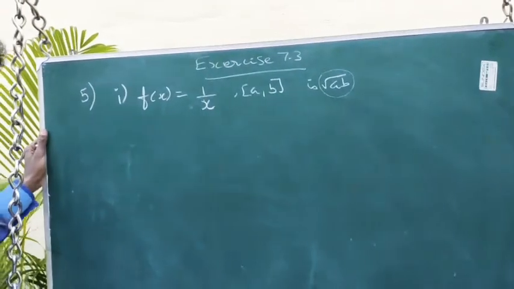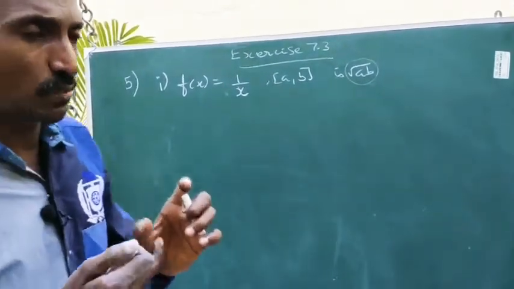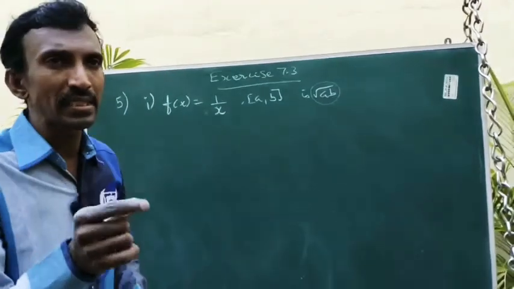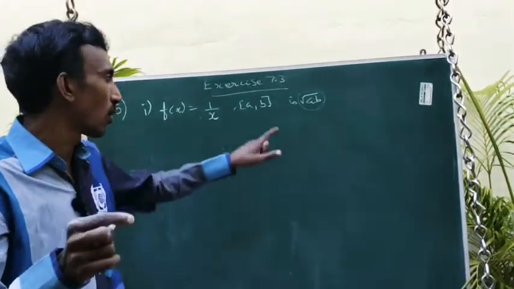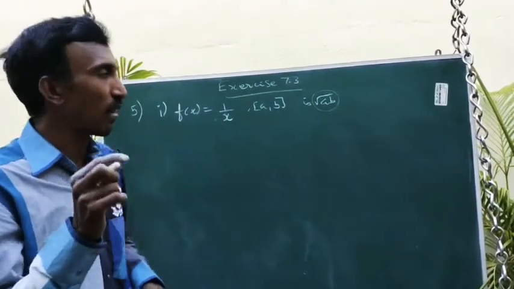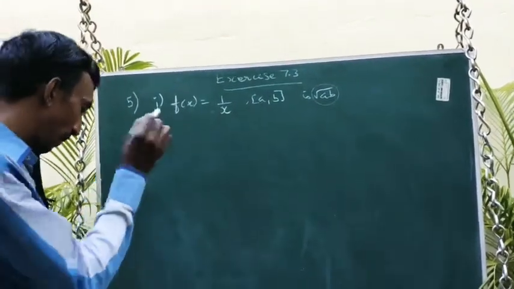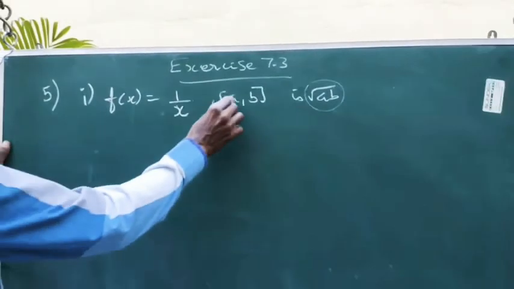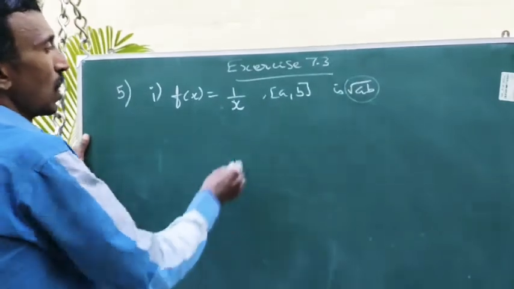Okay. So what is the mean value theorem? It must be continuous on the closed interval, differentiable on the open interval. Then there exists at least one c belongs to the open interval, satisfying the condition first derivative equal to f of b minus f of a by b minus a. So check it for that one. So 1 by x, where a and b are positive numbers.